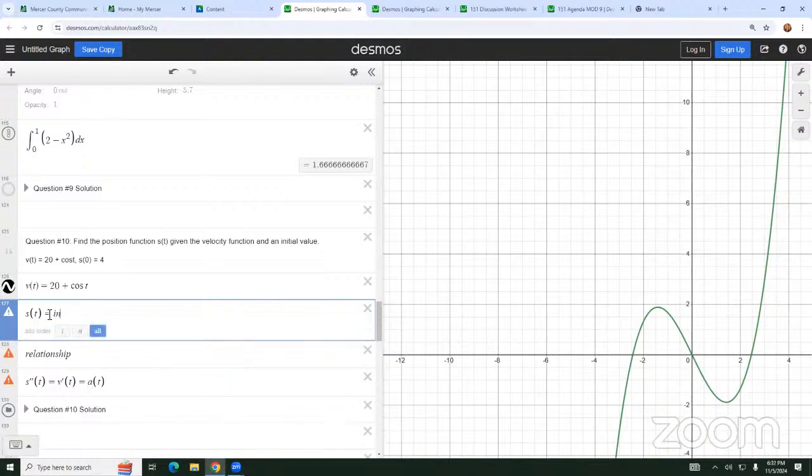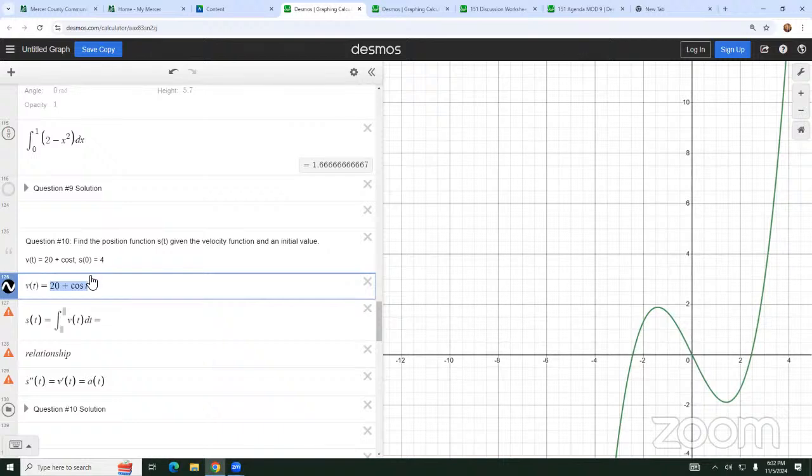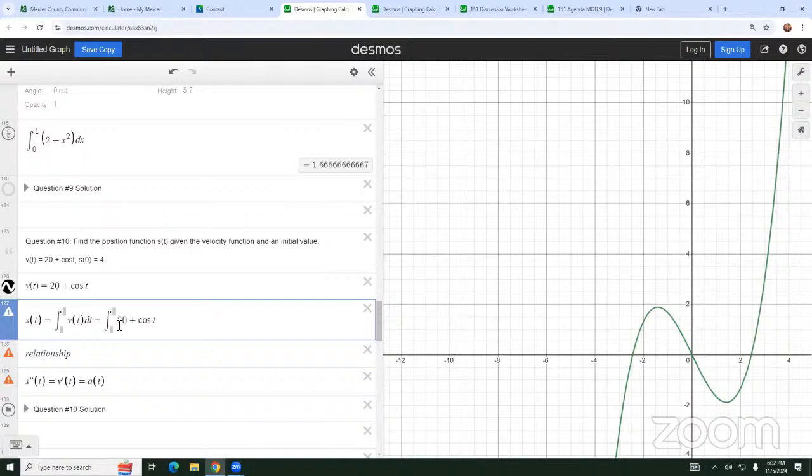So you have to do this integral of velocity dt.